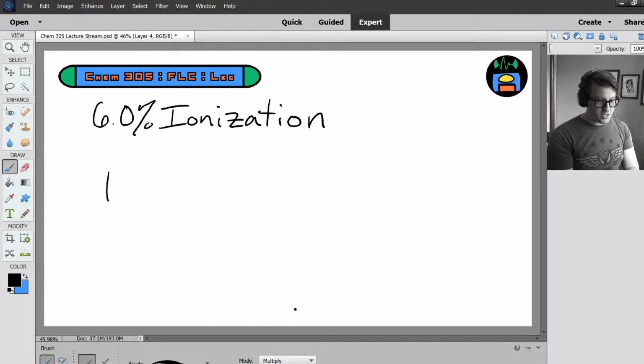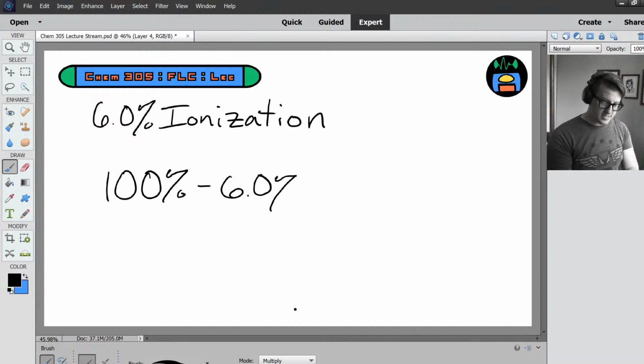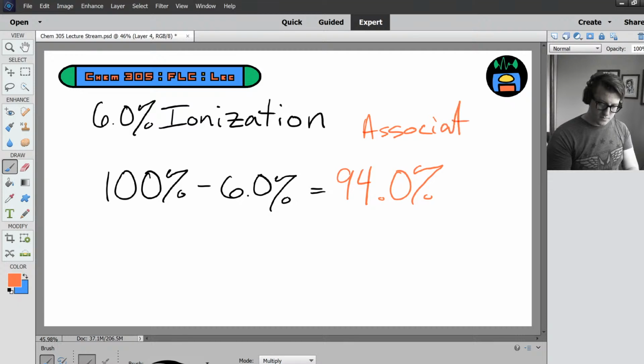So to find how much remains associated, we have to take 100%, subtract the percent that gets ionized, and that's where we get that 94%. This is associated, which is what we use for HA.